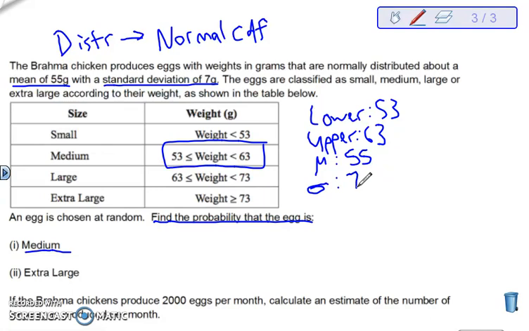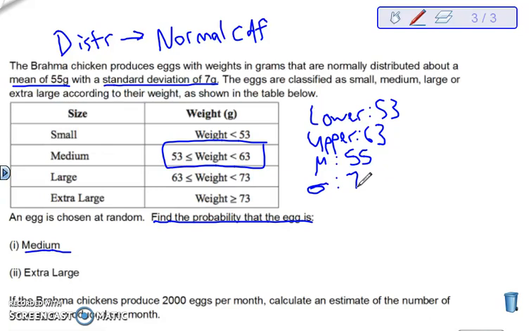If you're using a different calculator that does not bring up this little menu where you see all 4 of these listed out, you simply place them in order separated by commas. So we would type normal CDF 53, 63, 55, 7, and it will spit it out.